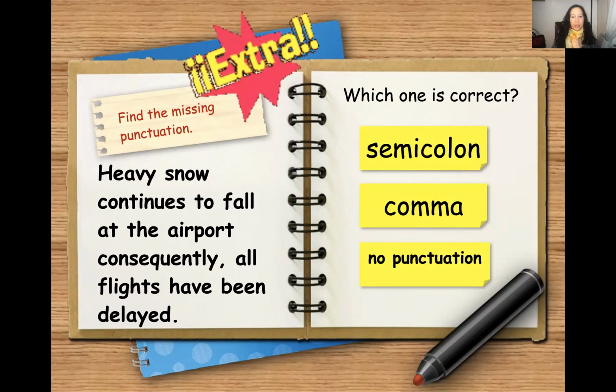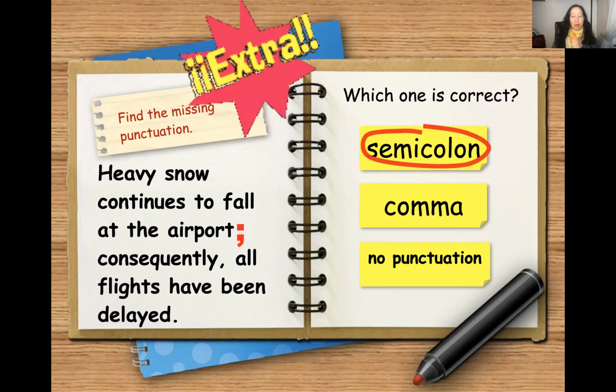Did you find it yet? Semicolon, okay. Heavy snow continues to fall at the airport; consequently, all flights have been delayed, okay? Consequently, now, which rule is that one? What does the word consequently mean? I like to hear your comments. Please write them down.